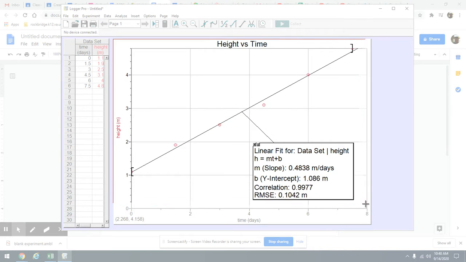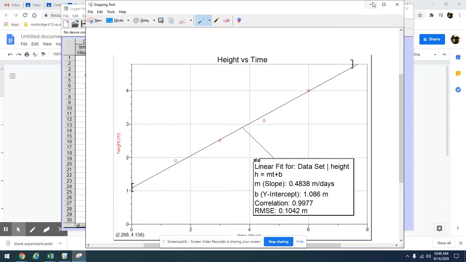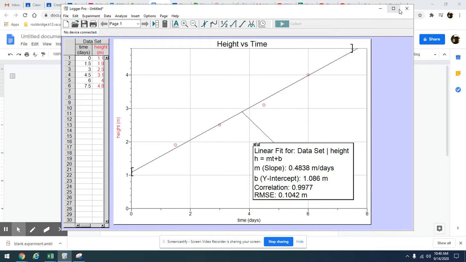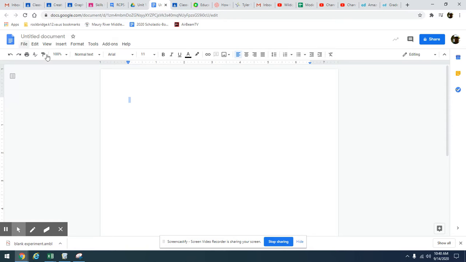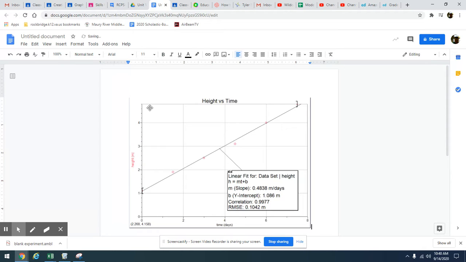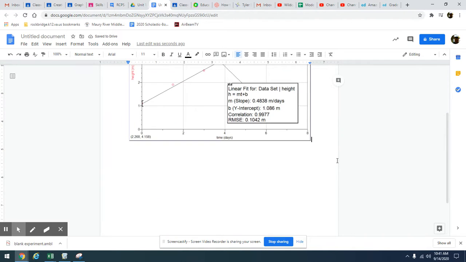And here we go. All right, so now I'm going to close that, minimize that. Here's my blank Google Doc here. So I'm going to go ahead and paste my graph.